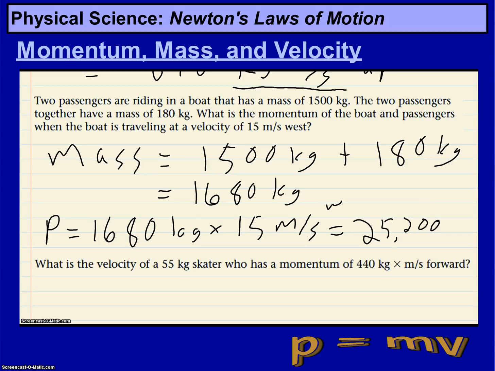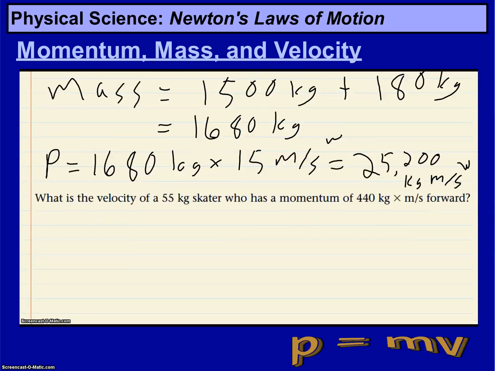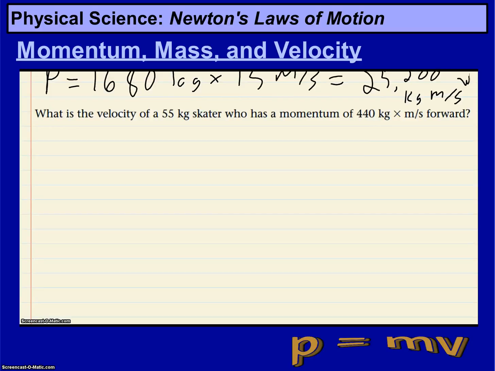I kind of ran out of room, so I'm going to stick my units right down here. Paper and pencil is usually a lot easier to deal with. So that'll be kilogram meters per second west. Again, I apologize for the handwriting; not exactly at my best with handwriting.